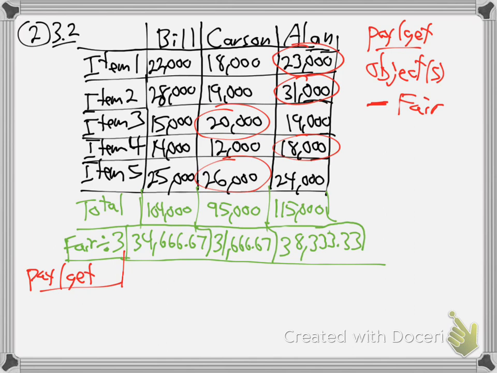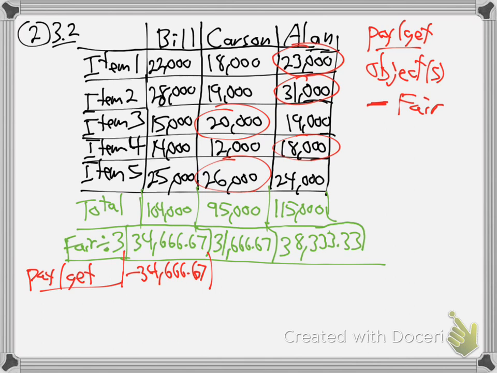It'll just be negative 34,666.67. Good so far? Because he has no objects. I'm getting confused. Okay, so objects, you're adding up how many items they have, right? For Carson, I'm going to add up these two objects and subtract his fare.